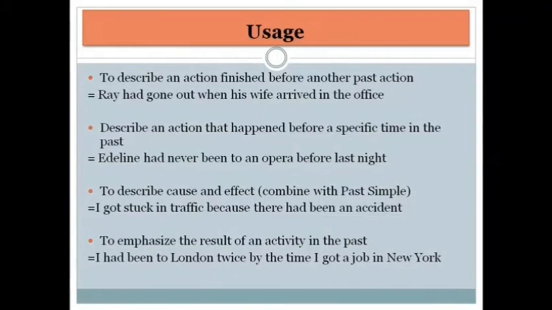To describe cause and effect, it's combined with past simple. I got stuck in traffic because there had been an accident. To emphasize the result of an activity in the past, for example, I had been to London twice by the time I got a job in New York.